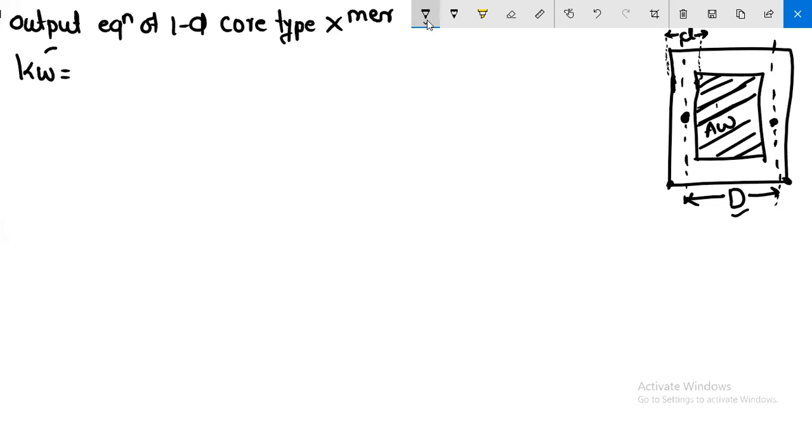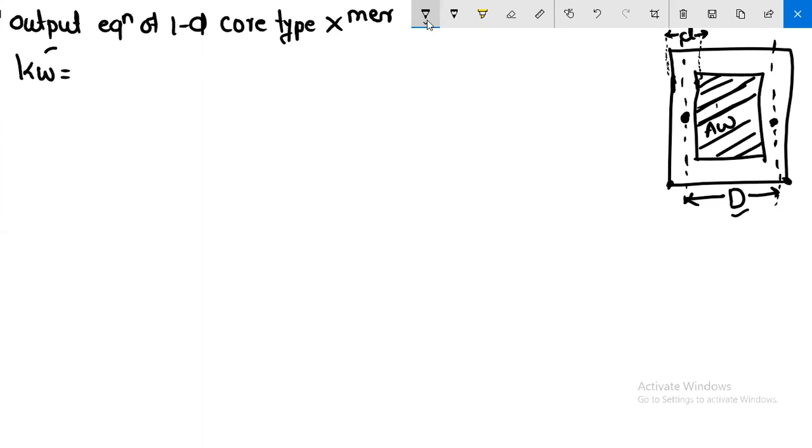So what is that window space factor? See, window space factor, it is the ratio of total copper area to the total window area. आता actually आपल्याला window space factor ची value, whenever we are solving the example, in the example the value of window space factor is given to us directly.